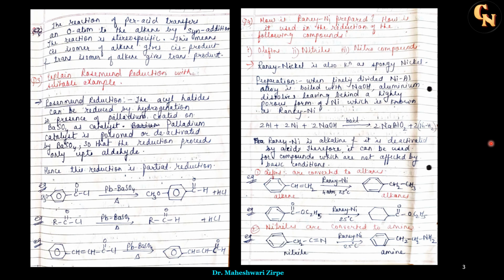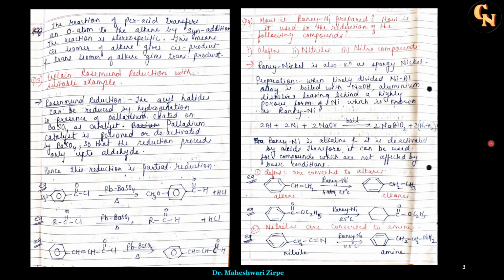Now the next question which was asked in the university exam is, explain Rosenmund reduction with a suitable example. Rosenmund reduction is a name reaction which is also asked in many CET exams or entrance exams. Here the acyl halide can be reduced by hydrogenation in the presence of palladium coated on barium sulfate as a catalyst.